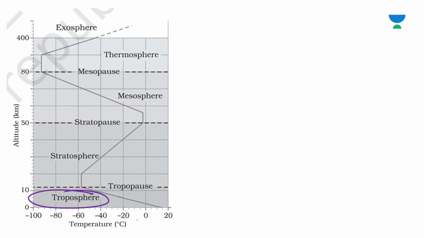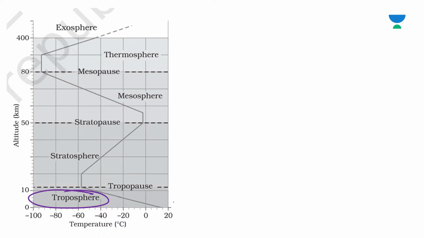It extends roughly to a height of 8 kilometers near the poles and about 18 kilometers at the equator.